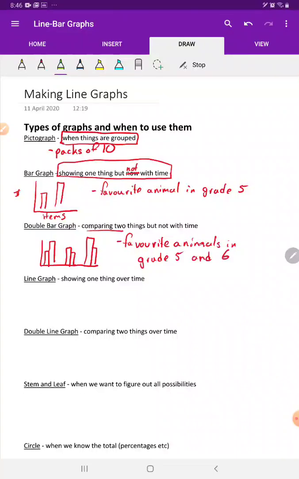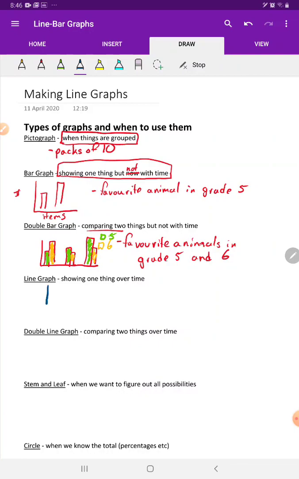And the way that works, of course, is that all the green is grade 5, and all the yellow is grade 6, like that. See? Okay, so we have to add another element in there. And you can actually have triple bar graphs and quadruple bar graphs, but you don't have to worry about those for now. We're just working on a double bar graph.